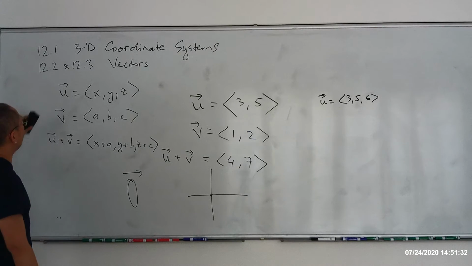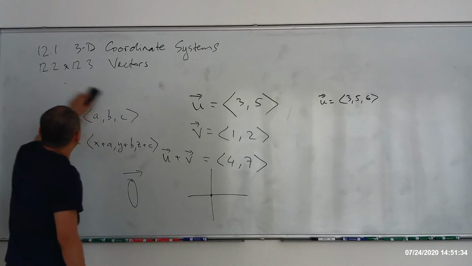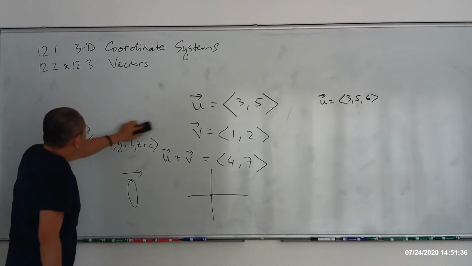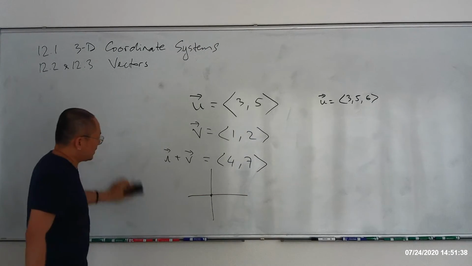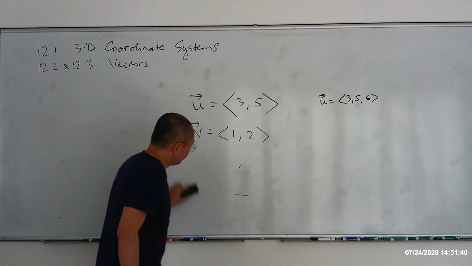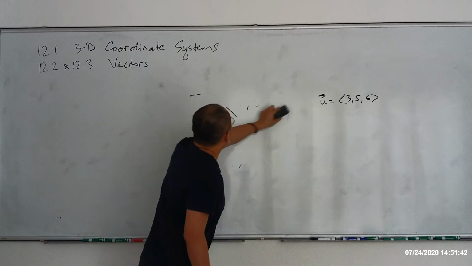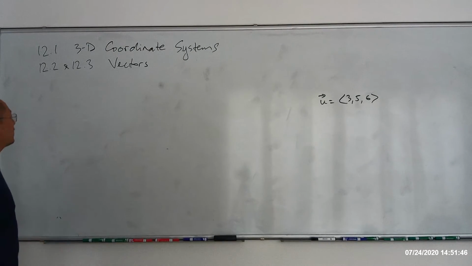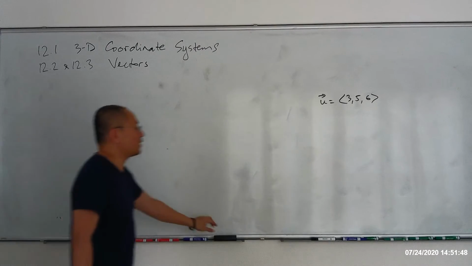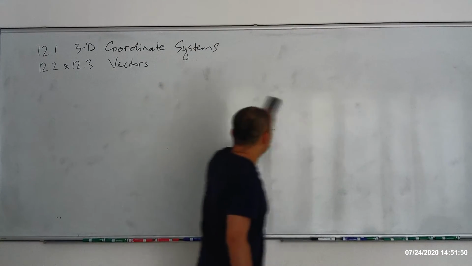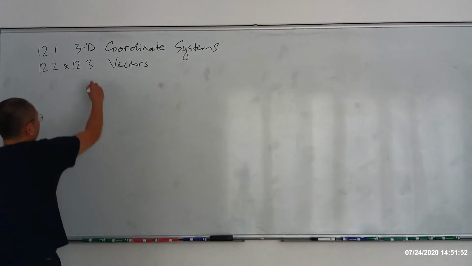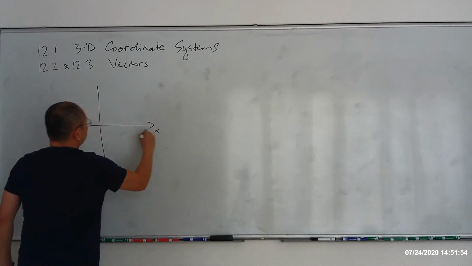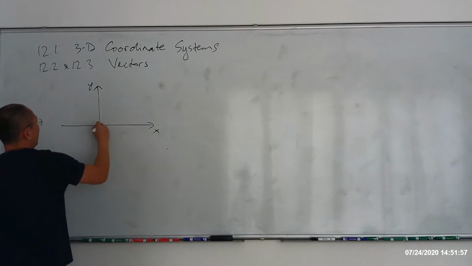Now let's talk about the orthonormal basis of a vector space. Well, I always try to get back to the 2-dimensional space, make it easier for you guys to start, and then I'll move on to 3. Okay? So if this is the x-axis, the y-axis, the origin right here.